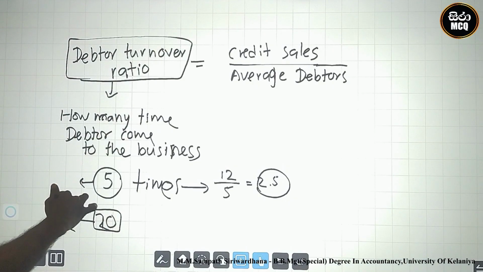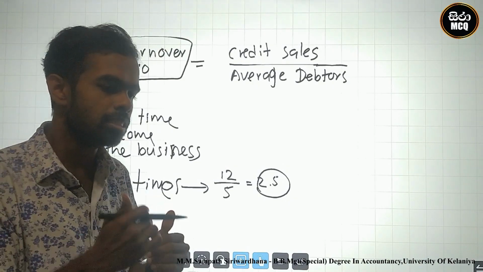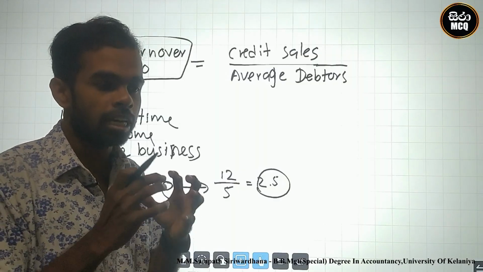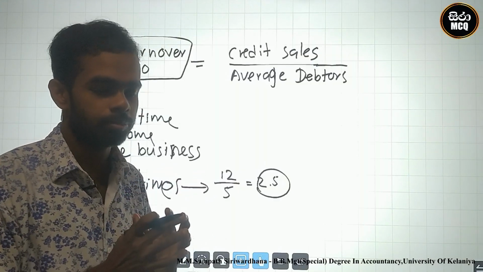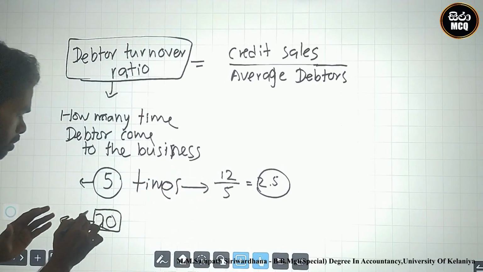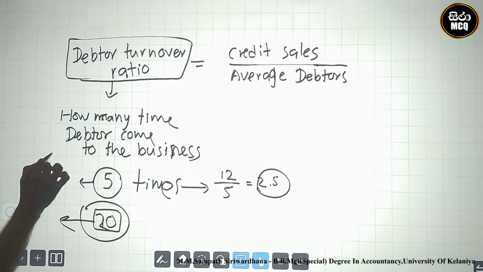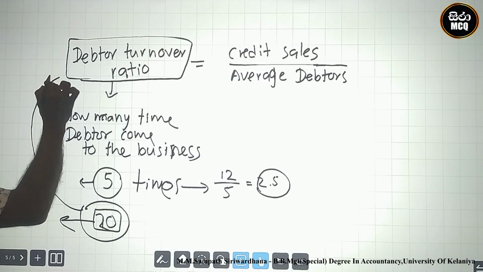The time of his coming, the number of times, indicates that the debtor turnover ratio is higher.